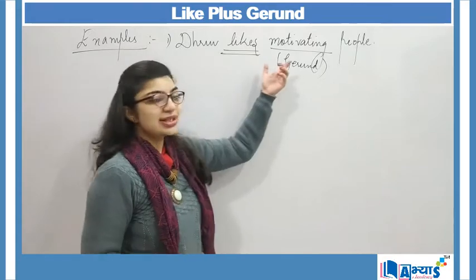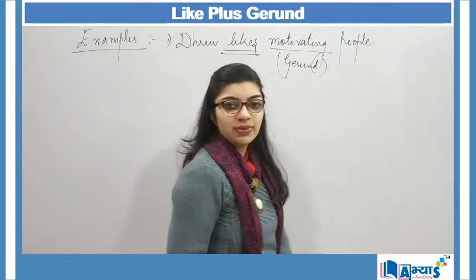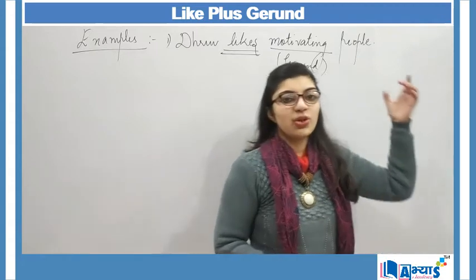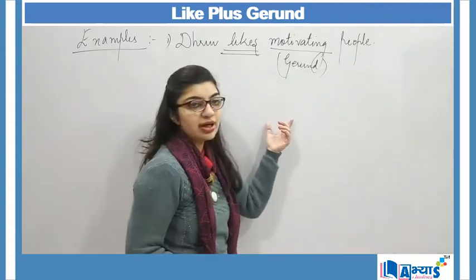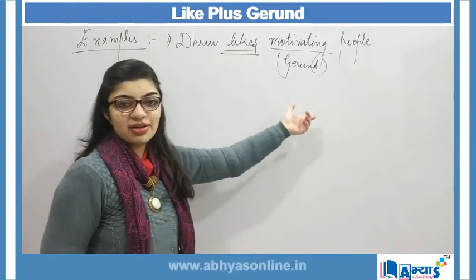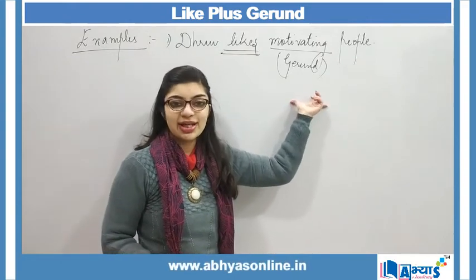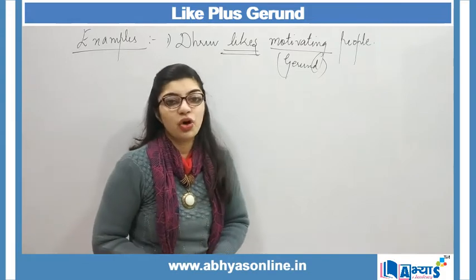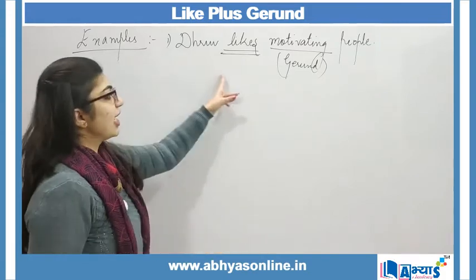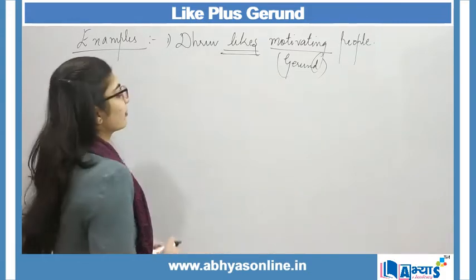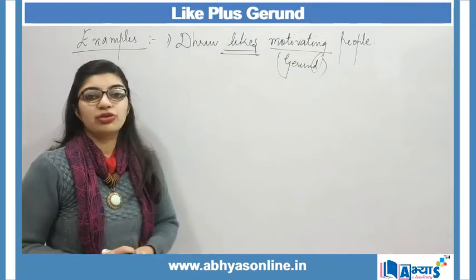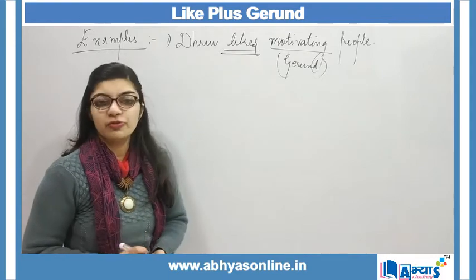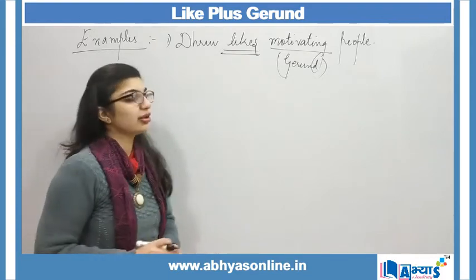Over here, I can see that motivate is my verb, and along with the verb, I am making use of ing, which refers to a gerund over here, and like plus gerund is what we are finding in a sentence. So, this example perfectly matches our topic. So, Dhruv likes motivating people. Here I can say that Dhruv enjoys motivating people, or Dhruv is fond of motivating others, right?